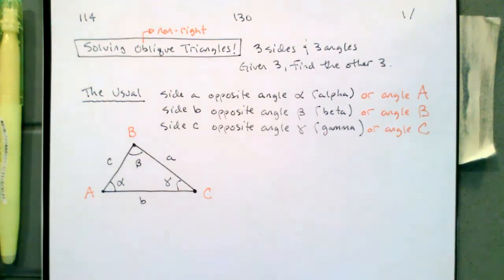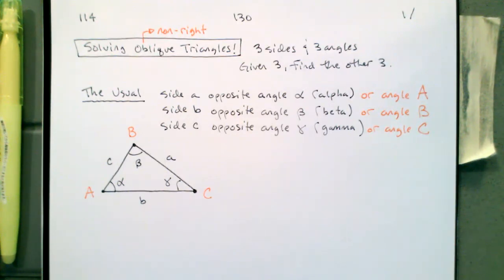All right. Let's talk about the tools that we have and also the tools that we don't have. Most of the tools that we had for solving right triangles were dependent upon the right triangle part. So sine is opposite over hypotenuse requires that we have a hypotenuse, which means we need to have a right triangle.